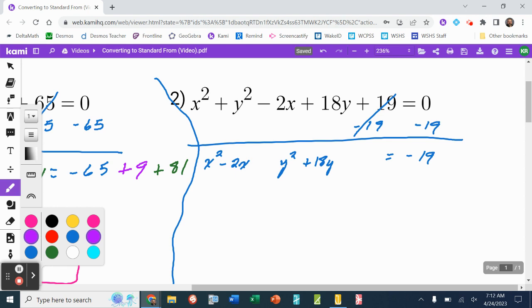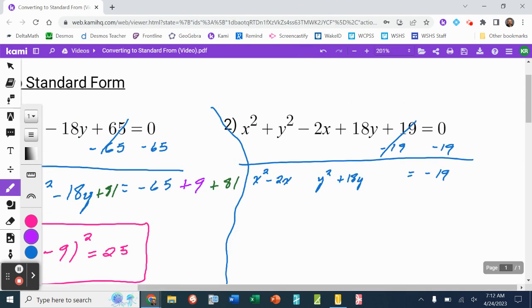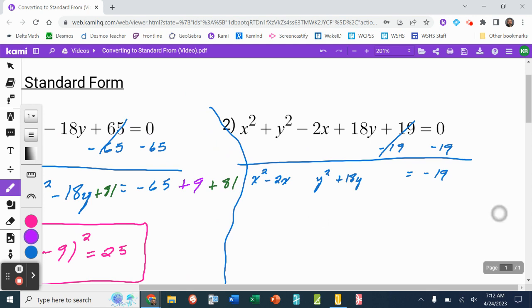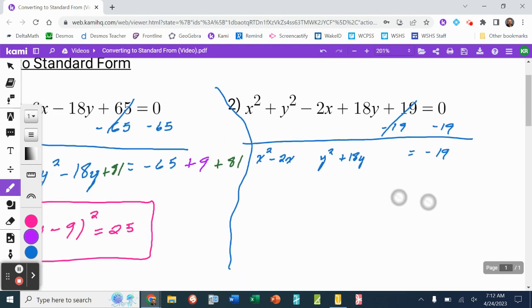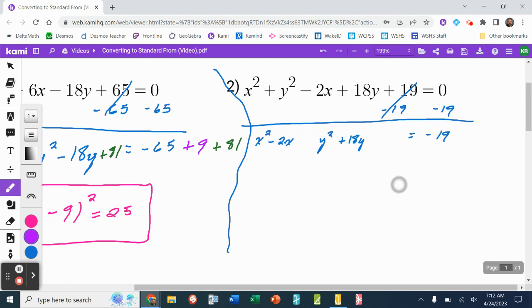So I'm going to start with my -2x here. We're going to complete the square on the x's first, okay? So I'm looking at the -2. I'm going to say -2 divided by 2, squared. Well, -2 divided by 2 gives us -1, and -1 squared would be 1.